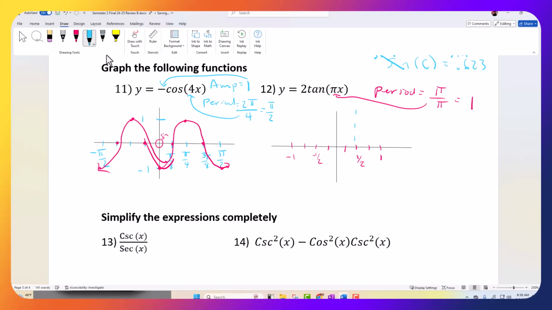A tangent has boundary lines or vertical asymptotes at the second mark. Okay, and then also acknowledging that this is going to repeat every 4 marks, so I want to go out 2 additional marks to get to my next asymptotes here and here. Okay, let's grab a different color.